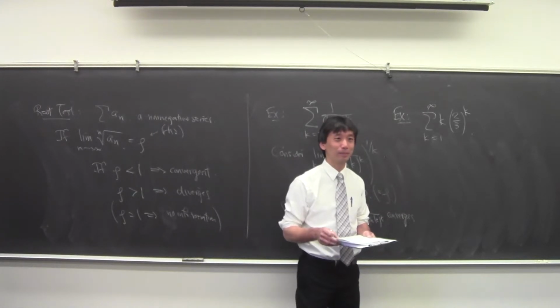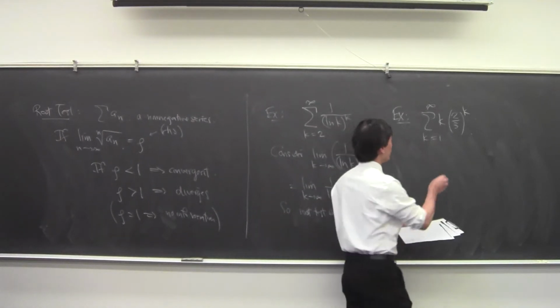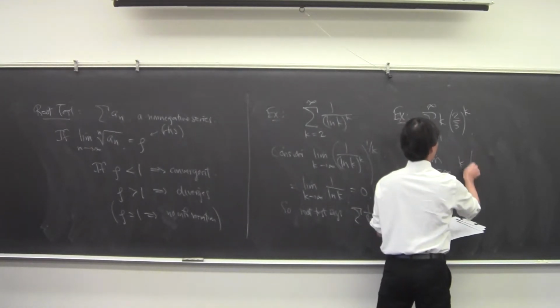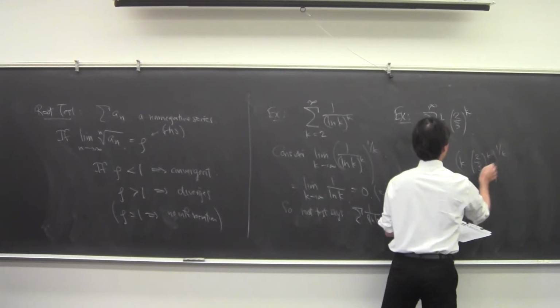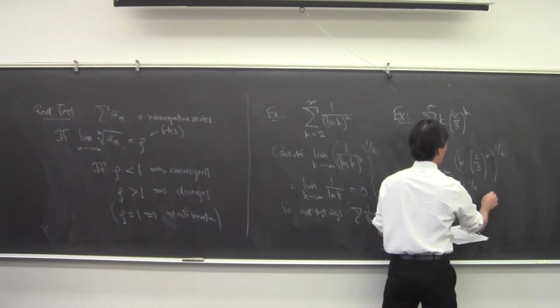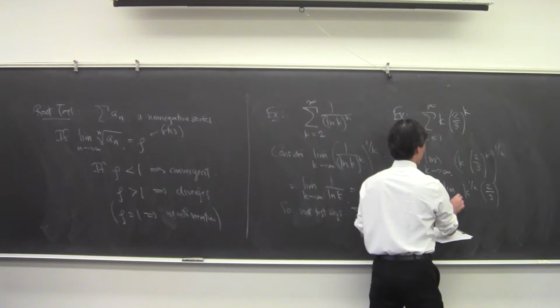Sam? Does the series converge because the limit is 2/3? Yeah, the limit will be 2/3. So let's look at the kth root of this thing. You get k to the 1 over k times 2/3, as k goes to infinity.